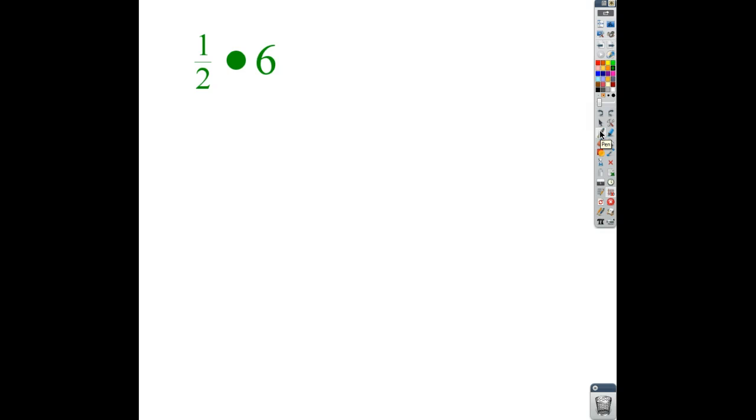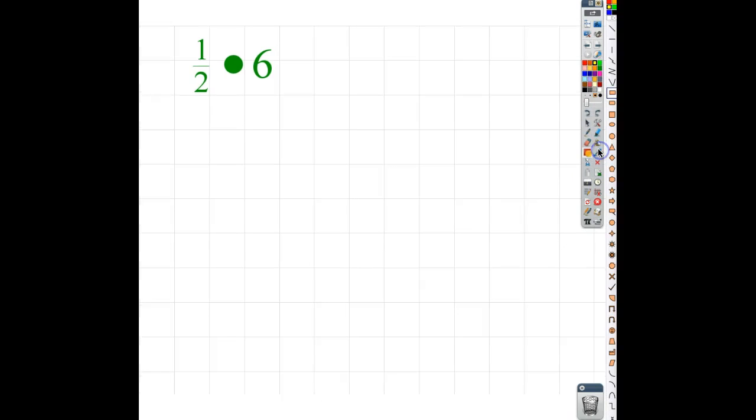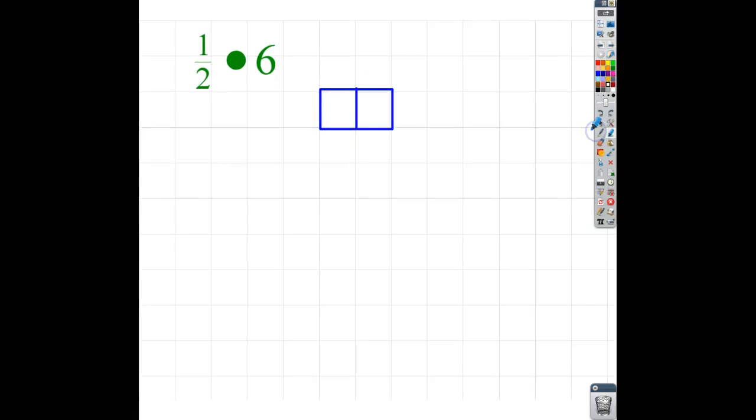So what I could do here is draw in a group, and I get 1/2.